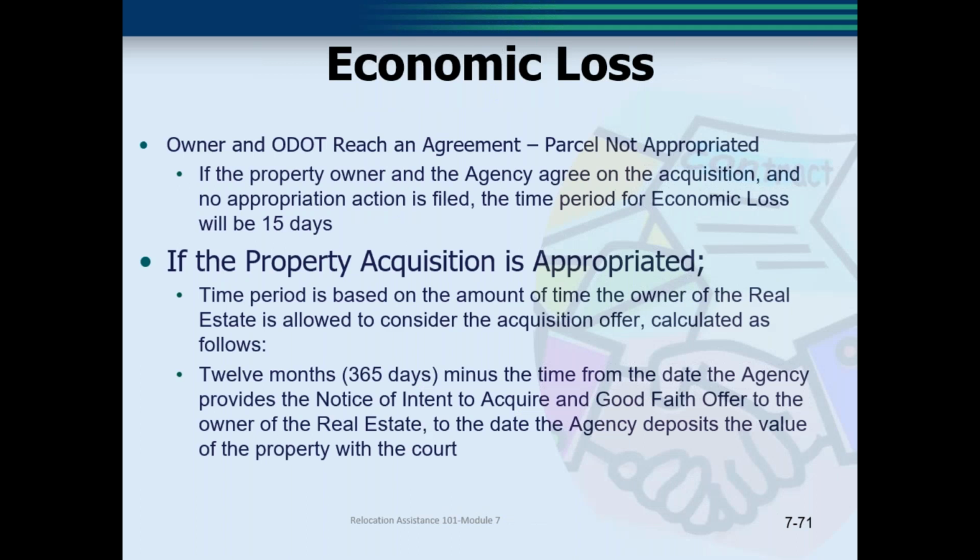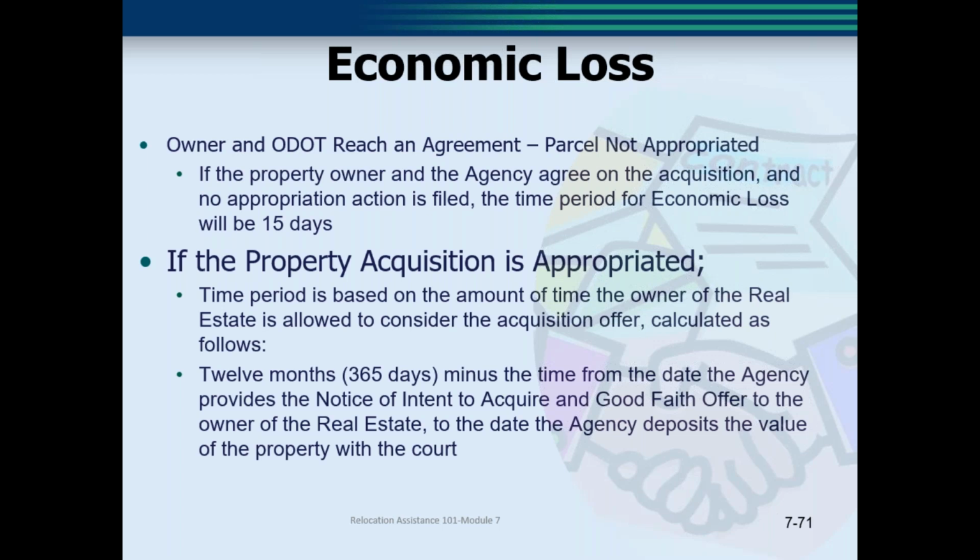Economic loss is calculated one of two ways. If we have a successful negotiation, then the amount is limited to 15 days. The 15 days can be extended by the agency if the move is unusually complex, and this must be approved by central office.